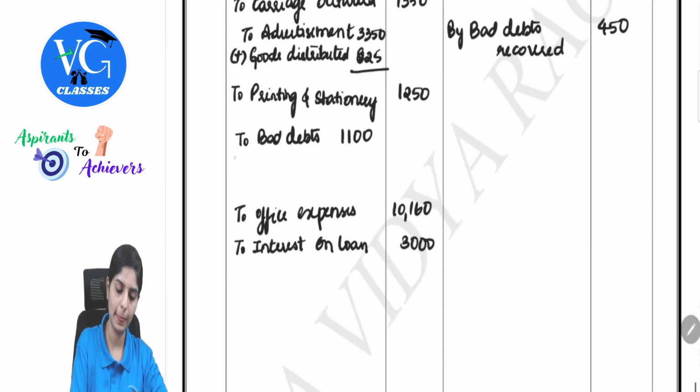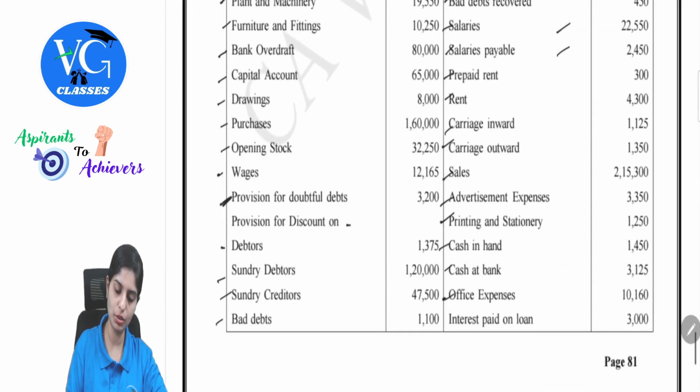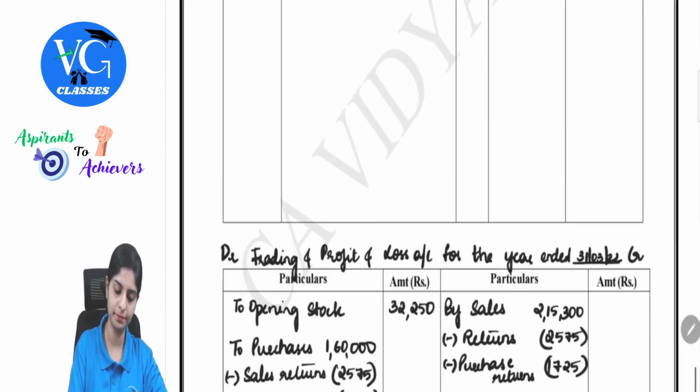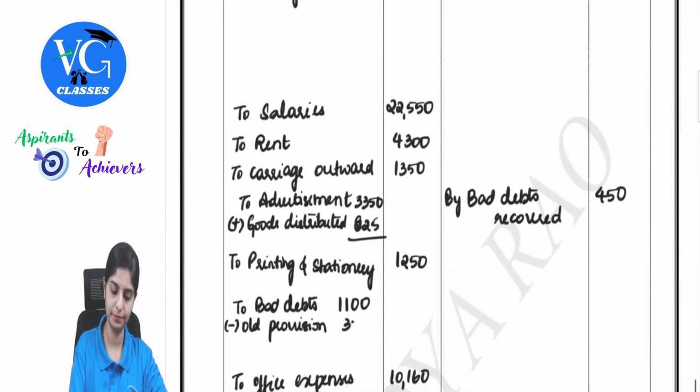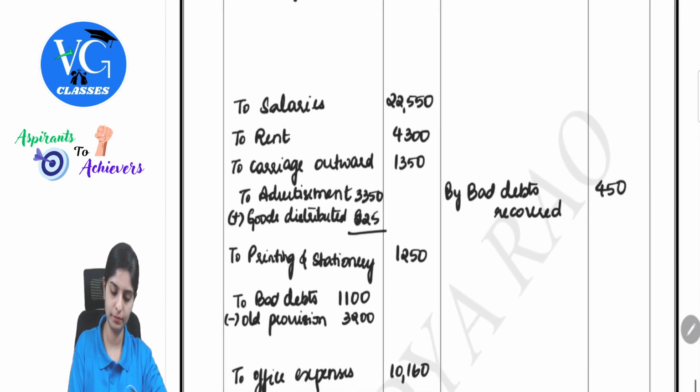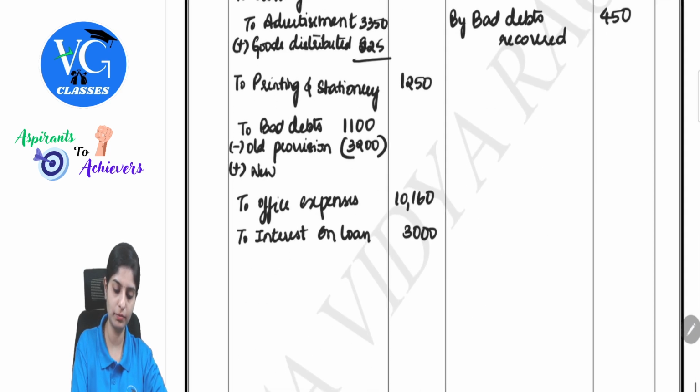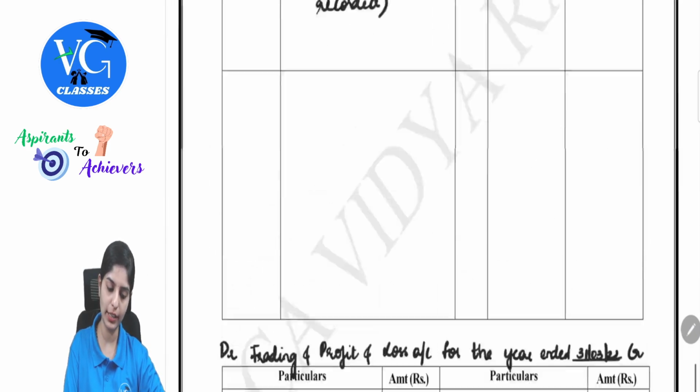Yes. Minus old provision. How much was that? 3,200. Plus new provision. Now this new provision, we need to calculate.